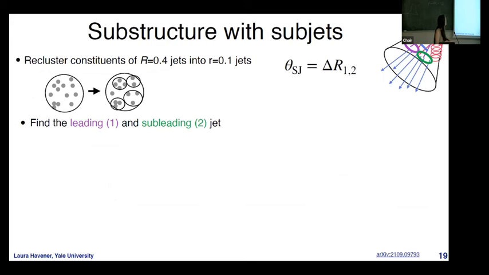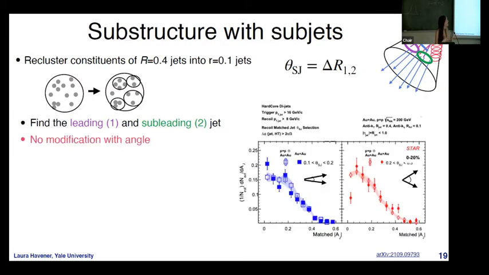So the matched jets are recovering the energy in the jet. STAR has also done a measurement of substructure using subjets, where they recluster constituents of R equals 0.4 jets into R equals 0.1 subjets. Then they find the leading and the subleading subjet within the jet, and they calculate the angle between those two. They looked at this matched AJ variable again, for the narrow angle on the left and the wider angle on the right.